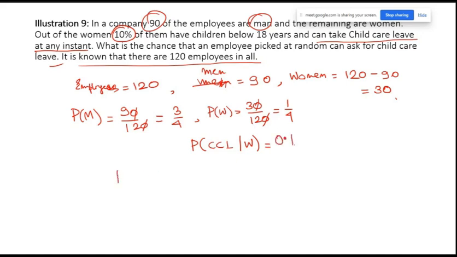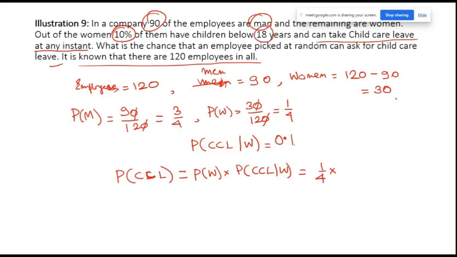Now you have picked an employee at random. What is the chance that the individual will take CCL? First thing, she should be a woman. And second thing, the probability of taking a CCL given that she is a woman. So that is the conditional probability. So this is equal to the probability of W, that is 1 by 4, but all women are not entitled.